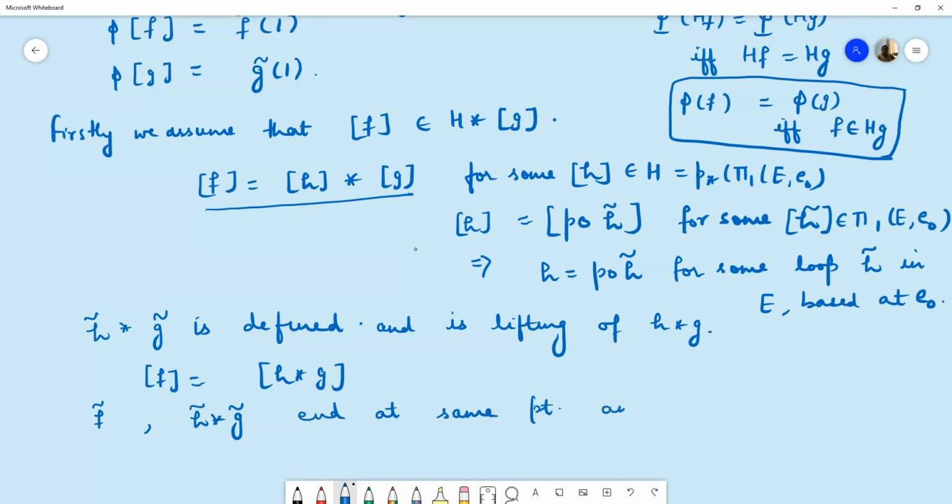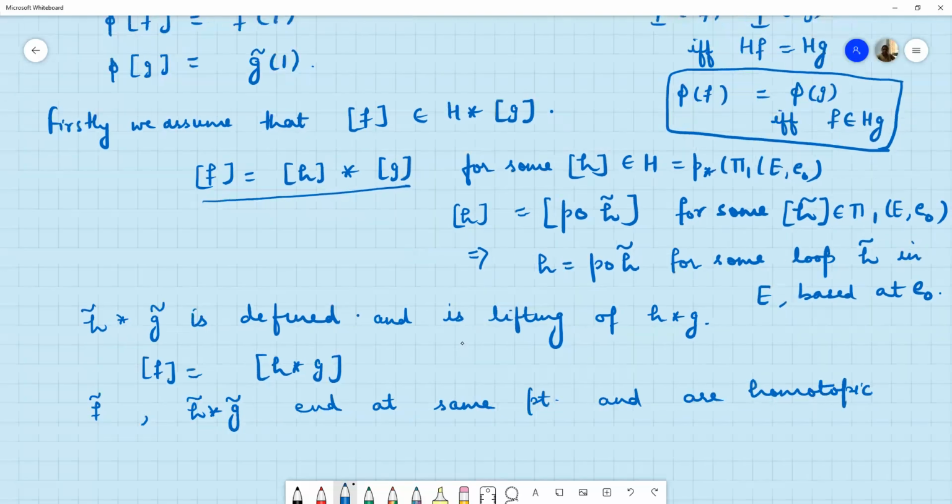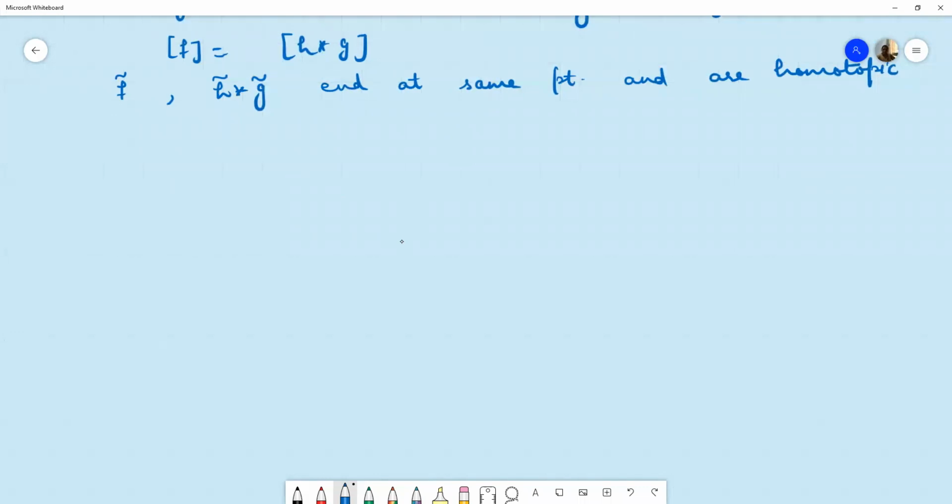So f curl 1 and g curl 1 are the same, because the end point of this is f curl 1 and the end point of this is g curl 1. So f curl 1 is phi of the homotopy class of f and g curl 1 is phi of the homotopy class of g. So we wanted to prove that phi of f is equal to phi of g.